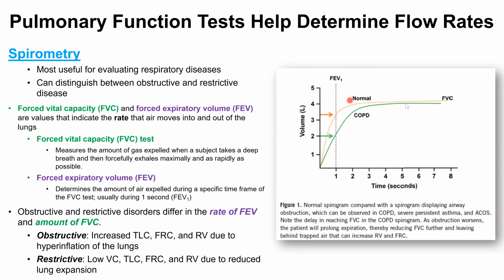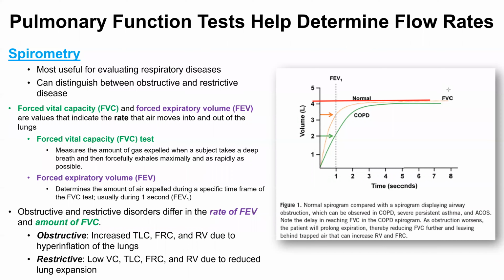And then once the patient has blown out as much as they possibly can, that is going to give us the forced vital capacity. So the maximum amount of air that can be blown out after a deep breath in has been taken. You would measure FVC by looking at the flat part of the curve, and basically you would just draw this over to the volume side.